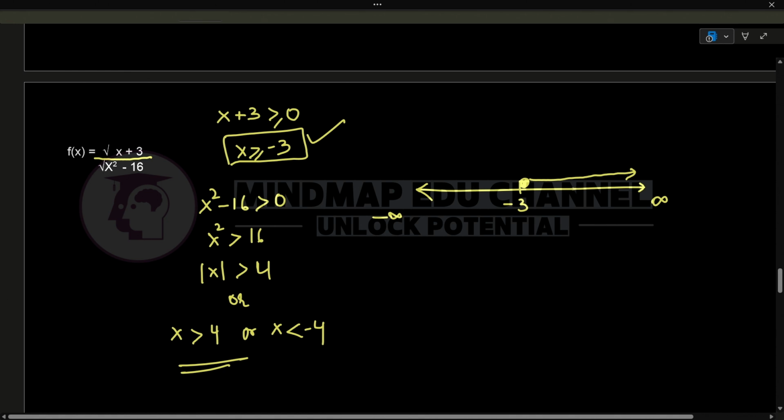So, let's mark here 4 and let's mark here minus 4. So, x should be, open bracket, greater than 4, and in the second case, less than minus 4. Now, check on the number line where both the number lines are intersecting. So, it is from here to here. So, the domain will be from 4 to infinity, and check the brackets. Be careful while writing the brackets.